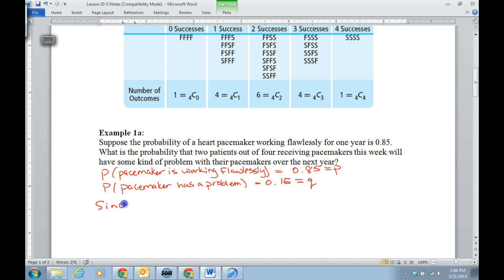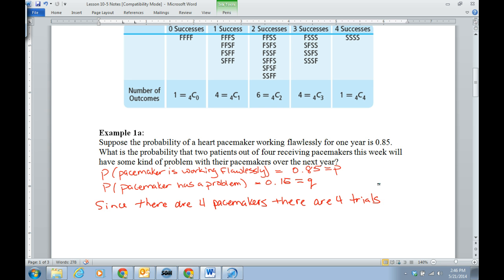Since there are 4 pacemakers, there are 4 trials. All right, does that make sense?